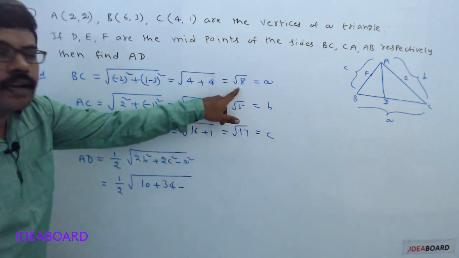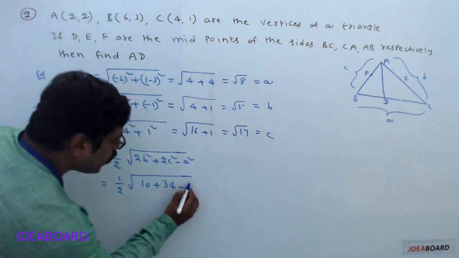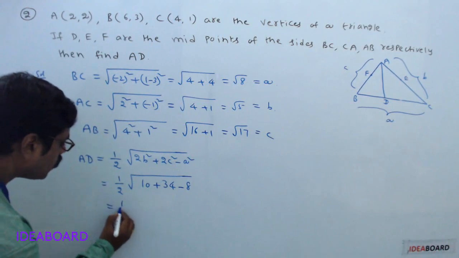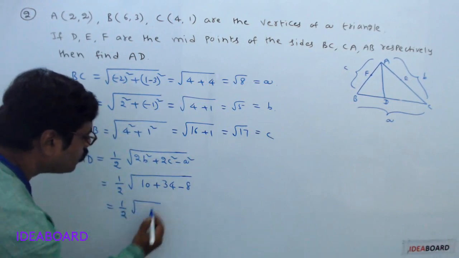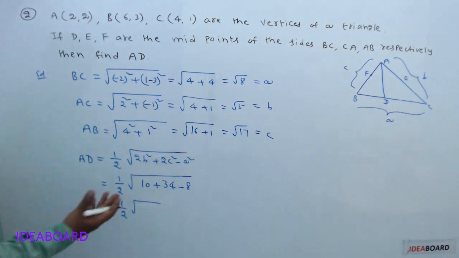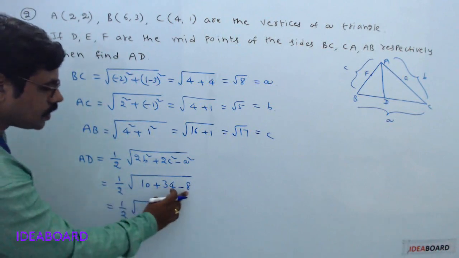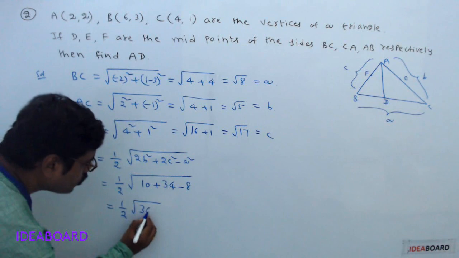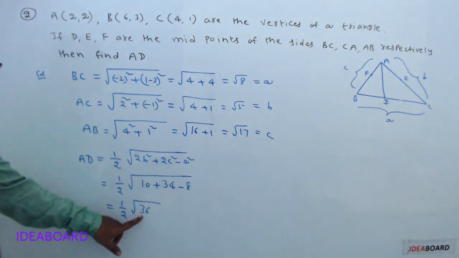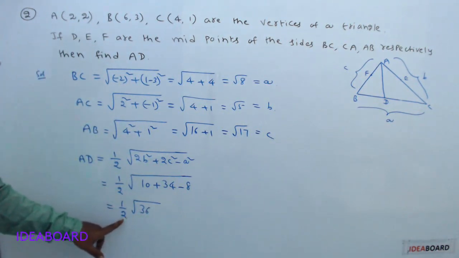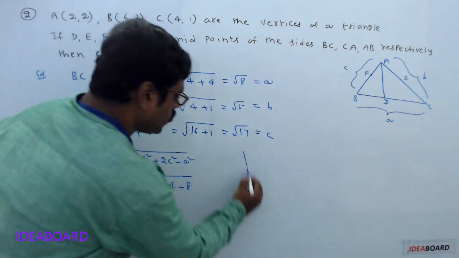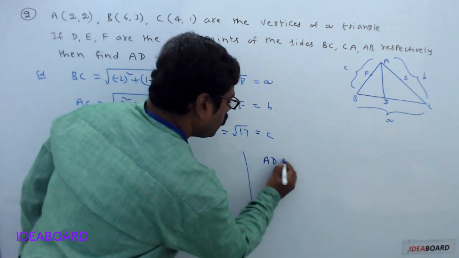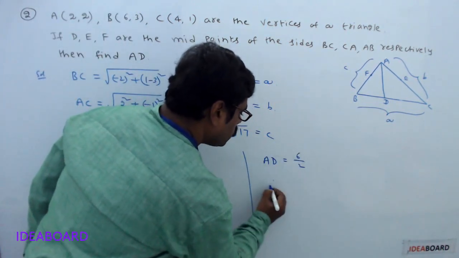The a value is root 8, a square value is 8. Now this equals 1 by 2 into the square root of 10 minus 8 plus 2, 34 plus 2, 36. So root 36 value is 6. 6 divided by 2 is 3. So therefore AD equals 3.